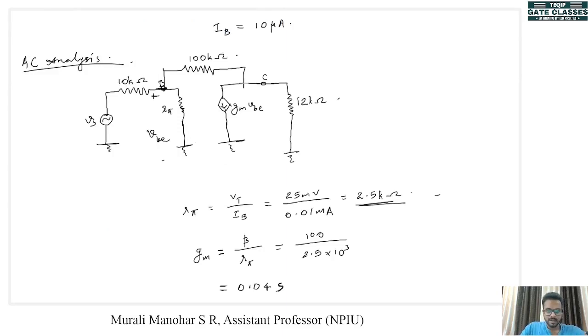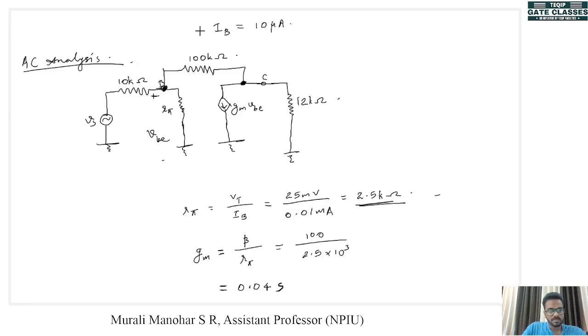Now we have a few nodes here. This is 1, this is 2, and this is the reference node. If we write the KCL at the output node, which is this one, across this we have V out.